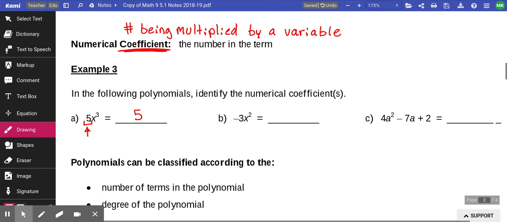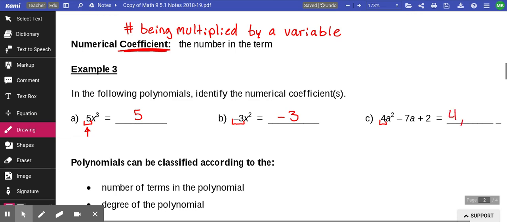On the second one, the coefficient is whatever's being multiplied by the letter. -3 is what's being multiplied by the letter. So -3 is my coefficient. The third question has 2 coefficients. So there's one coefficient on the a squared. There's a 4.